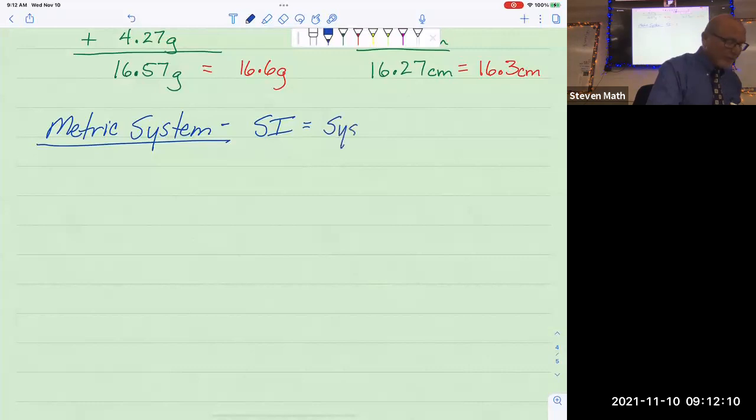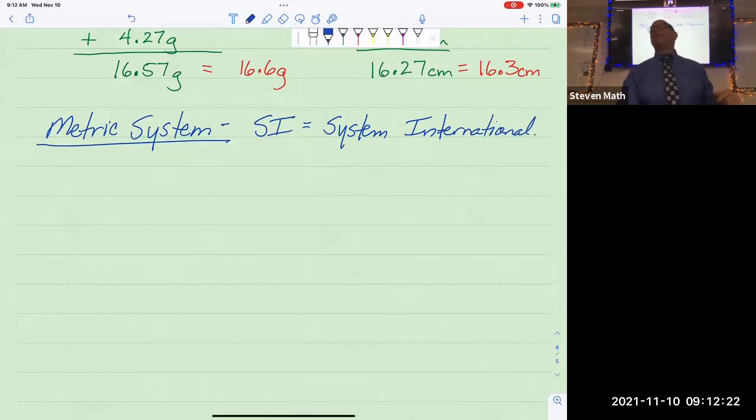SI, so System International. Now we're going French here, kids. We will measure temperature. We've got thermometers. Please never use them in Fahrenheit. There's a button that says F and C. Always measure in Celsius. Always measure in System International.